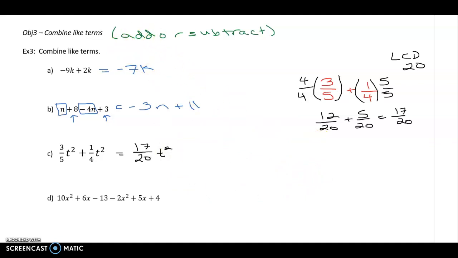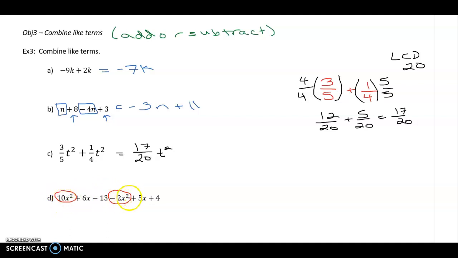On part D, we have a lot of different terms. So sometimes it helps to either color code or do different shapes to help collect the terms. So you can circle the x squared terms. Make sure that the sign in front of the term goes with it. So positive 10x squared, because there's no sign in front, and this is going to be a minus or a negative 2x squared.